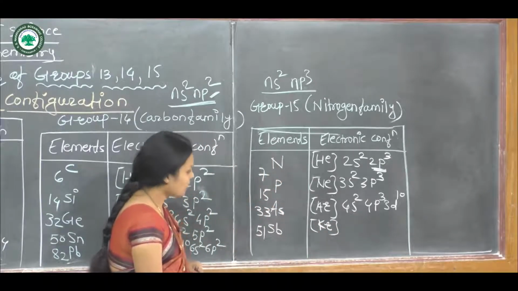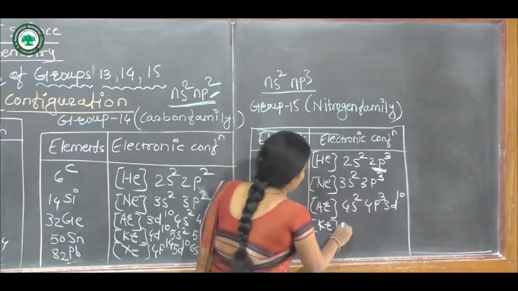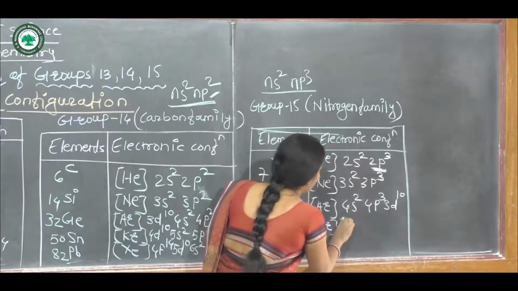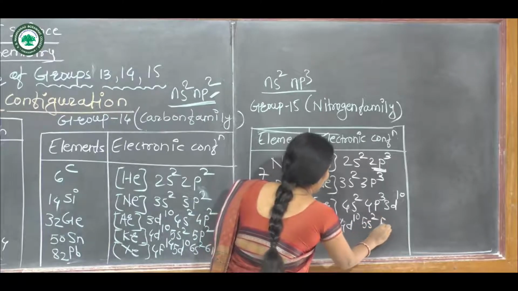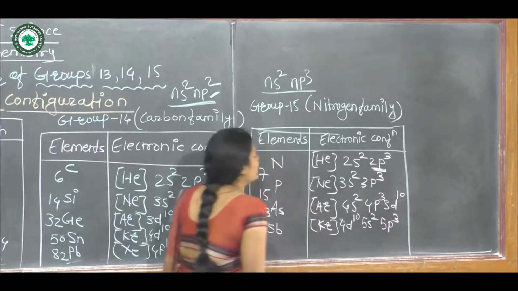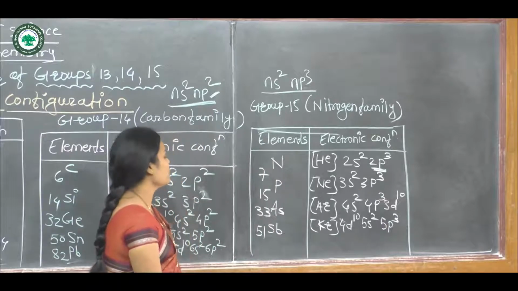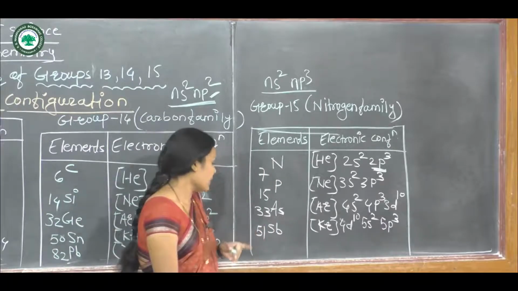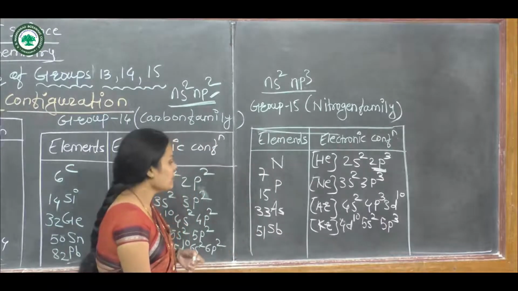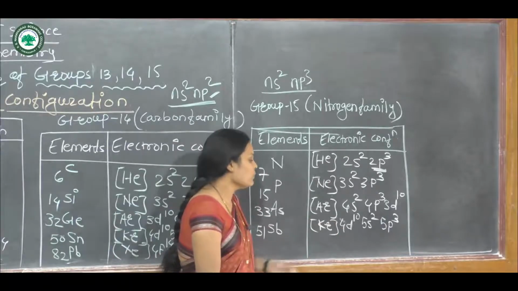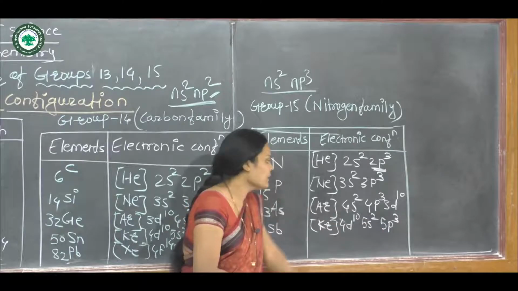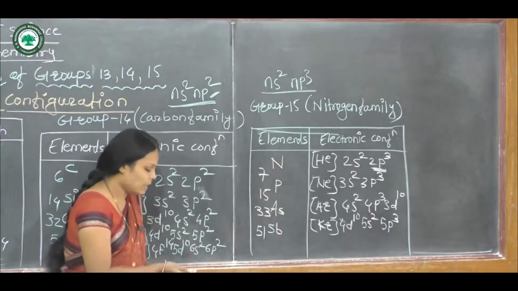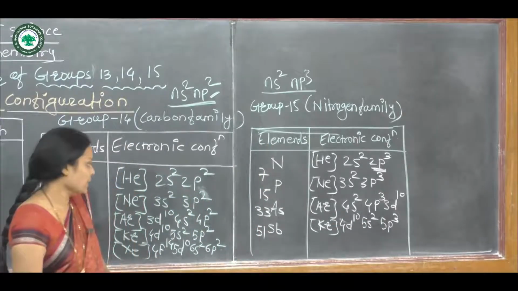Its electronic configuration is 4d10, 5s2 and 5p3. This is the electronic configuration of the Sb atom, atomic number 51: 4d10 5s2 and 5p3.